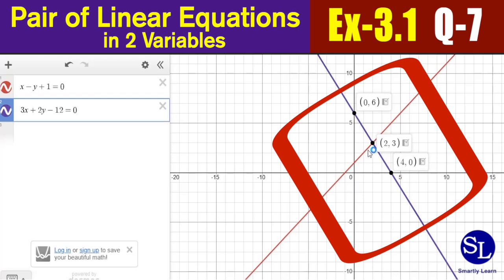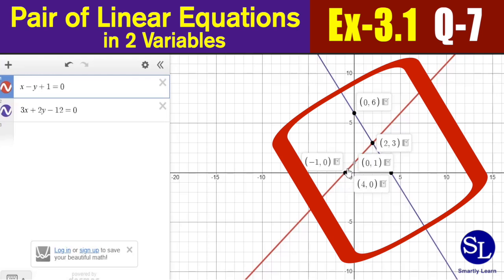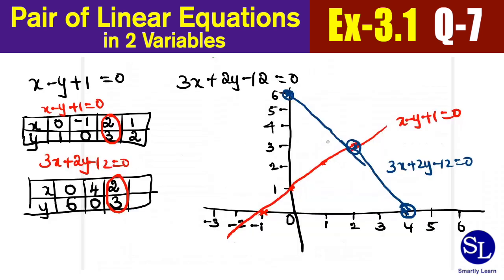When we do it manually, we are supposed to mark the points of intersection. And please note, we are supposed to shade the areas of this. So I'm going to mark this point also, minus 1, 0. So this triangle between minus 1, 0, 2, 3 and 4, 0, this triangle is what we are going to shade, which I will show here. Approximately use a scale to shade this area to show the triangle.